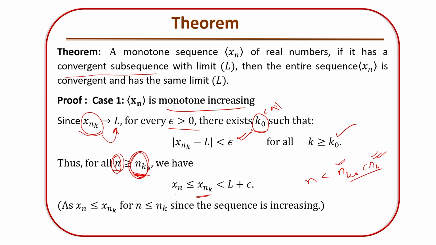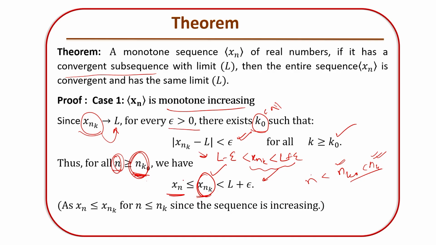So x_n is less than x_{n_k}, and x_{n_k} is less than L plus epsilon, since L minus epsilon is less than x_{n_k} is less than L plus epsilon. We are going to use the right hand side of this.